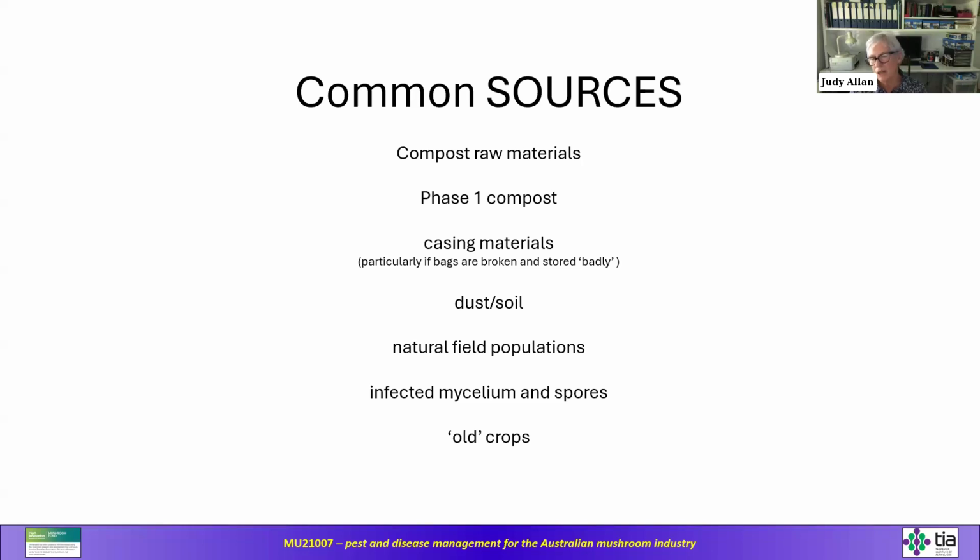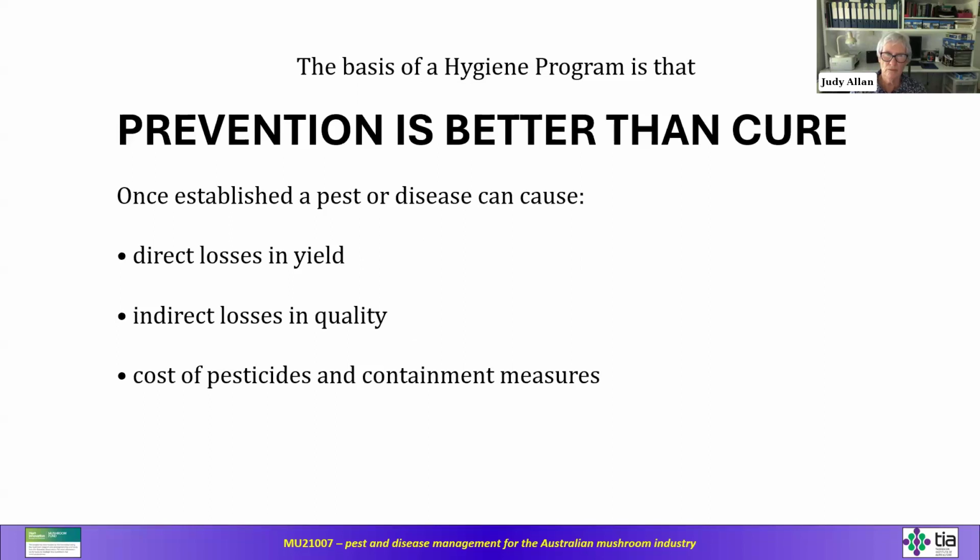Another hygiene principle is the earlier the infection occurs, the highest potential for loss happens. So there's a number of principles around all the things that we talk about. Next slide, thanks.